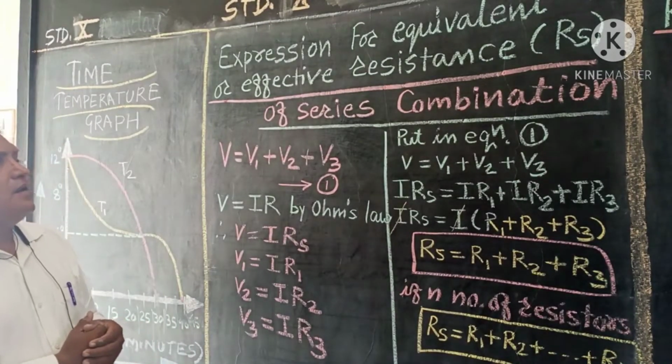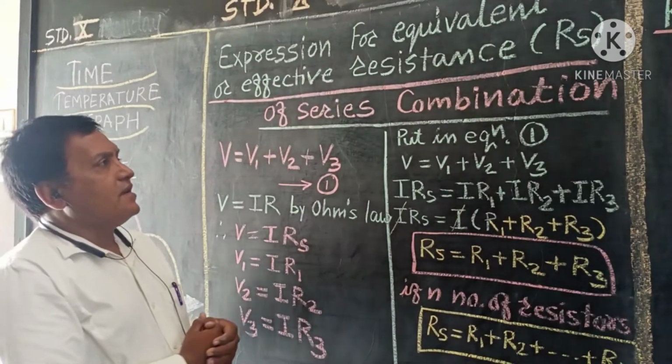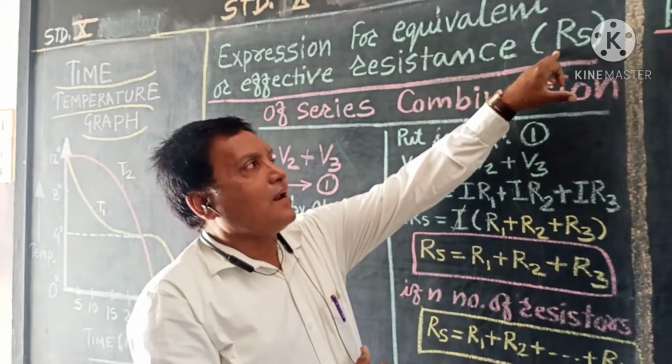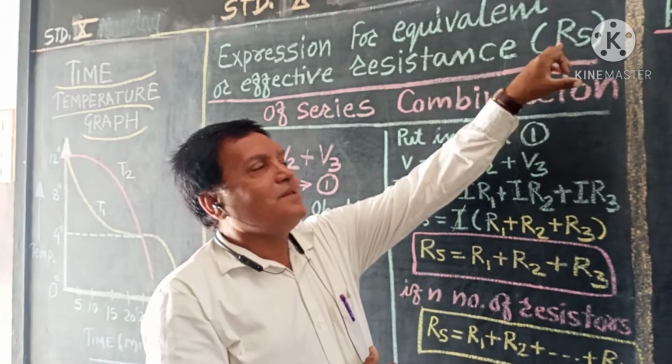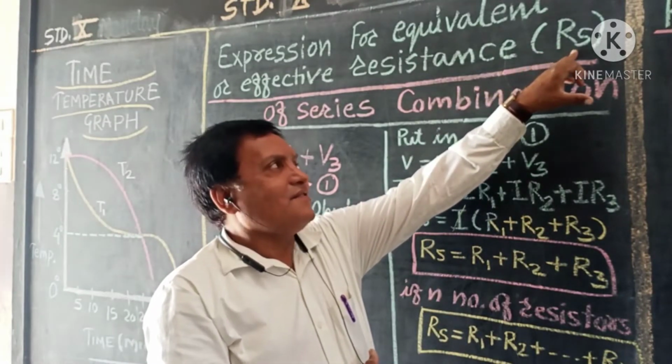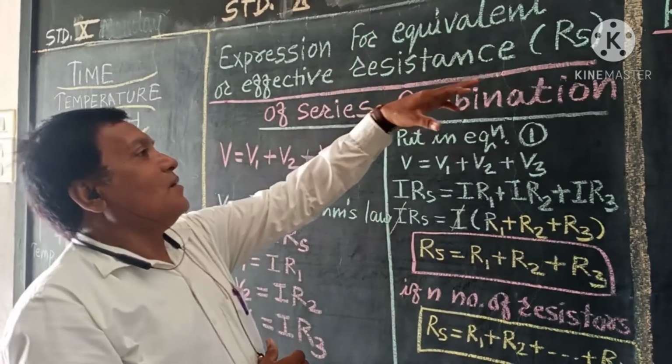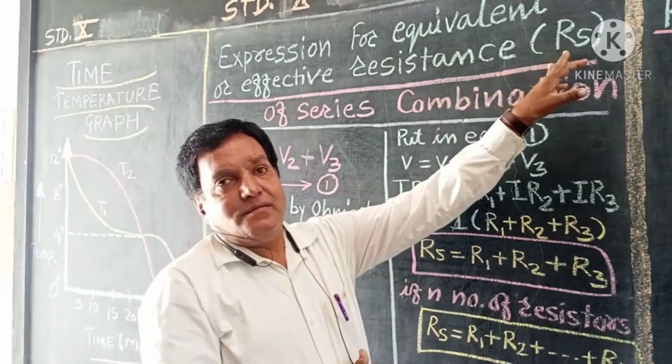Now the equivalent resistance: we know that resistance is denoted by R, and to the suffix of this R, S is fixed. That S is taken from the word series.